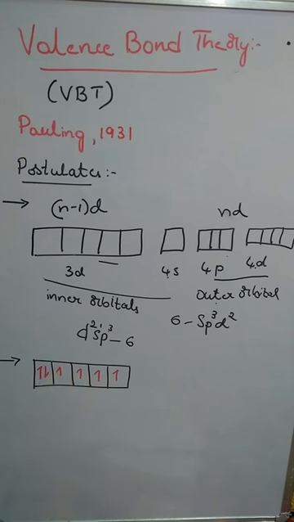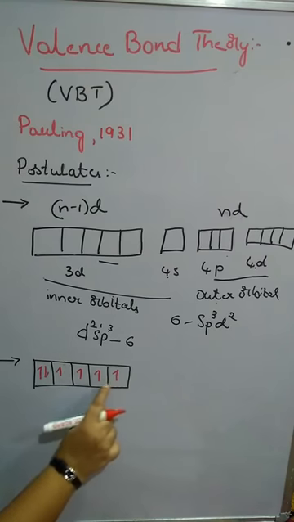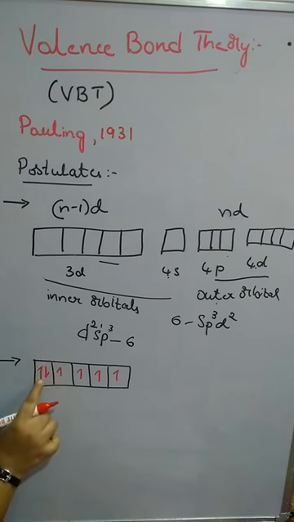Sometimes the unpaired electrons of the orbitals may shift to other orbitals. If it is paired, then there is no change. No electron can come and be accommodated in an orbital that already has 2 electrons, because an orbital can accommodate only 2 electrons.